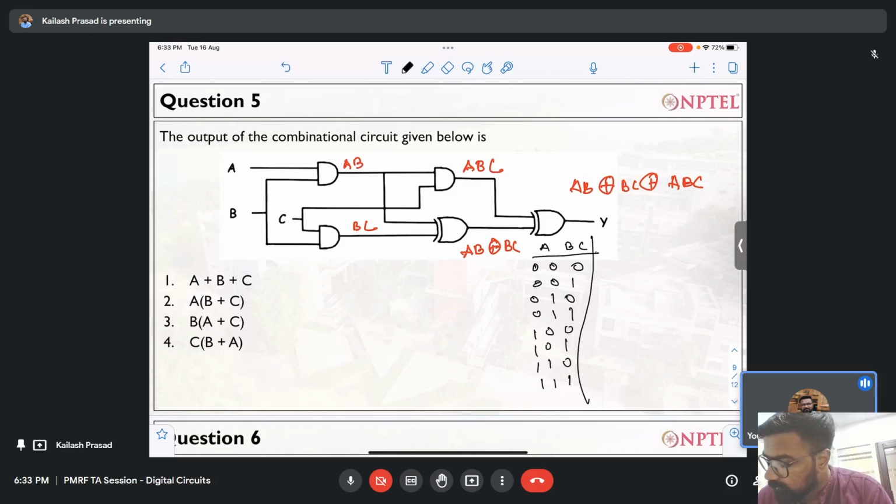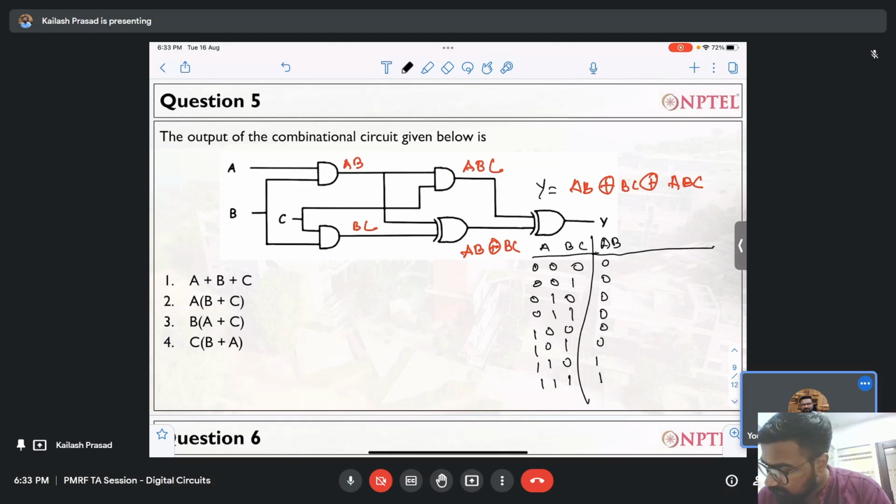I won't directly make the truth table of the entire expression y, rather I will make it first for AB. Okay, so AB will be 0 0, then 0 0, and then again 0 0, then 1 1.